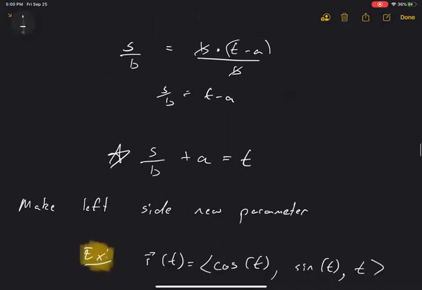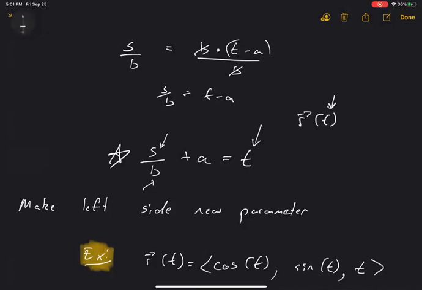Okay. Now, what good does that do me? I have this vector valued function r of t, where t is not arc length. And then I see, well, t is equal to s, where s is the arc length, divided by b plus a.